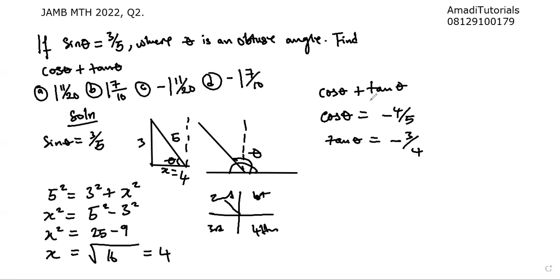So when you do cos theta plus tan theta, that's equivalent to saying minus 4/5 plus minus 3/4, which is the same thing as minus 4/5 minus 3/4. Then how do we add fractions?